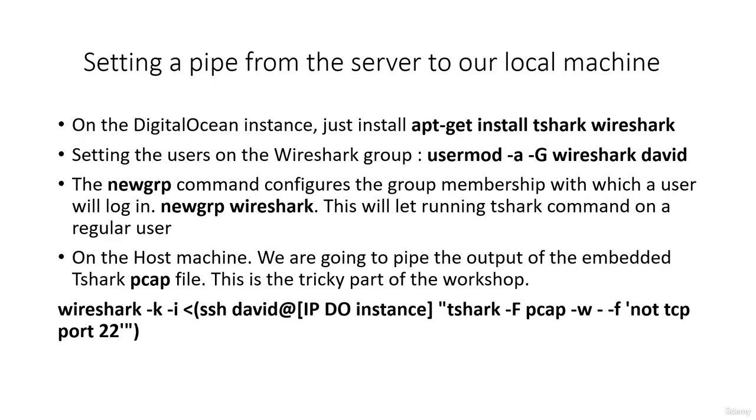Now we are going to set up a pipe from the server to our local machine. We are going to stream the traffic to the machine over SSH and push it to Wireshark for monitoring. So on the DigitalOcean instance, just install Wireshark. As previously told, most Linux distributions have Wireshark pre-installed.